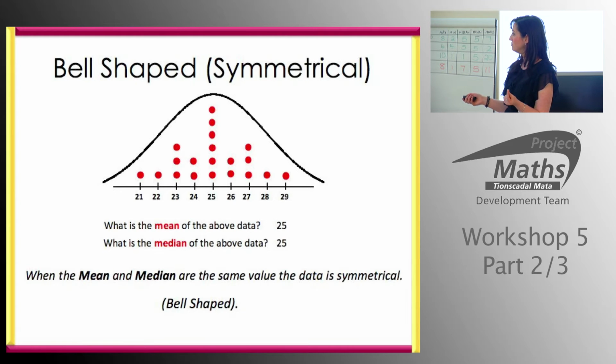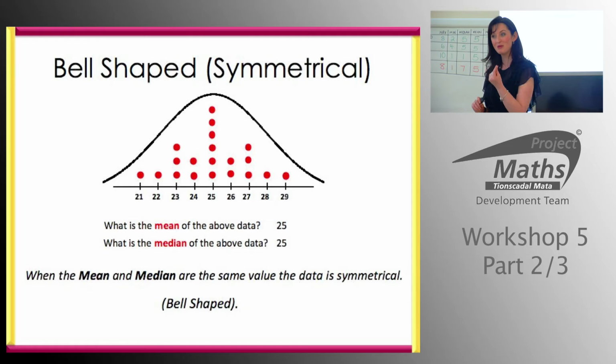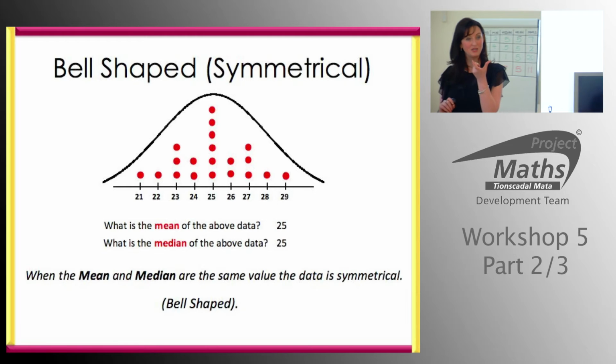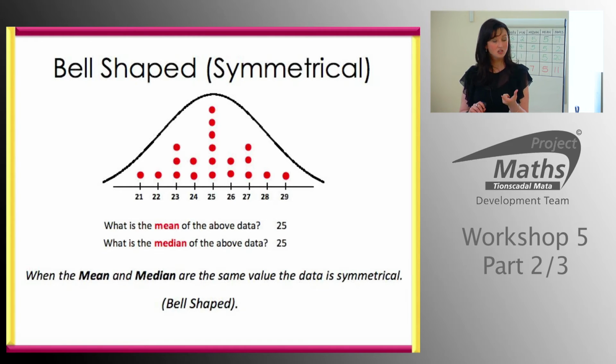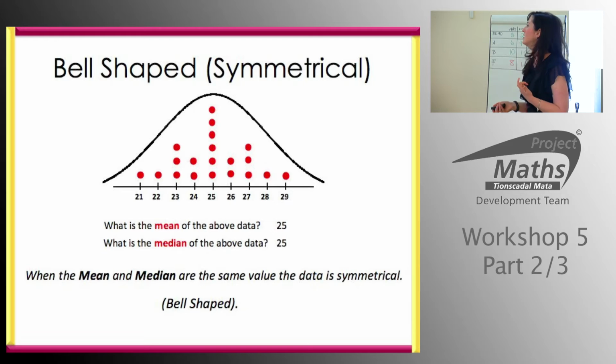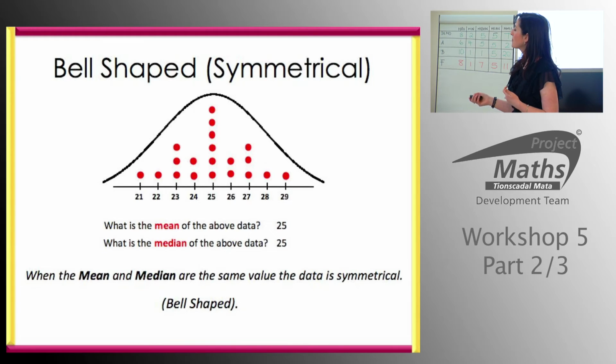Okay, so the mean and the median here are both 25, which tells me that my data is symmetrical, which tells me that it's bell-shaped. So can you remember now, we had some distributions where our mean and median were the same. So now we know that they were bell-shaped, whereas we had some that weren't the same.